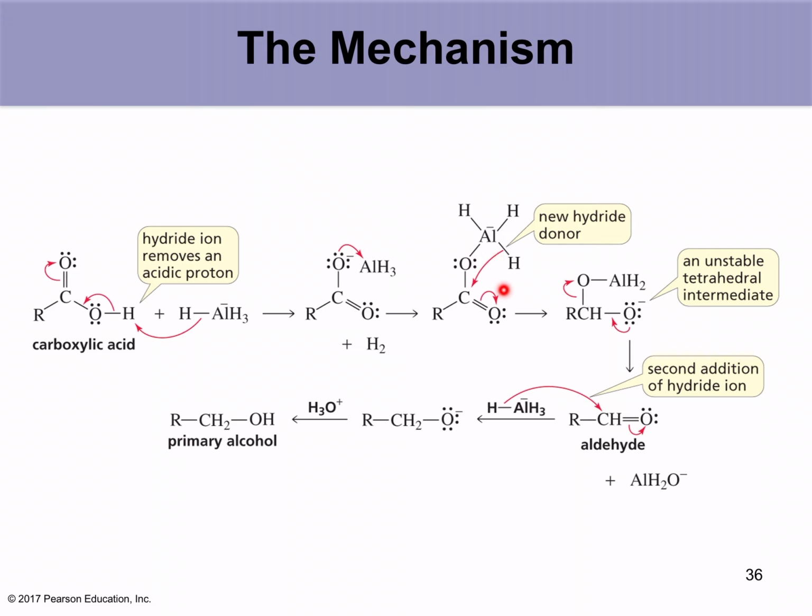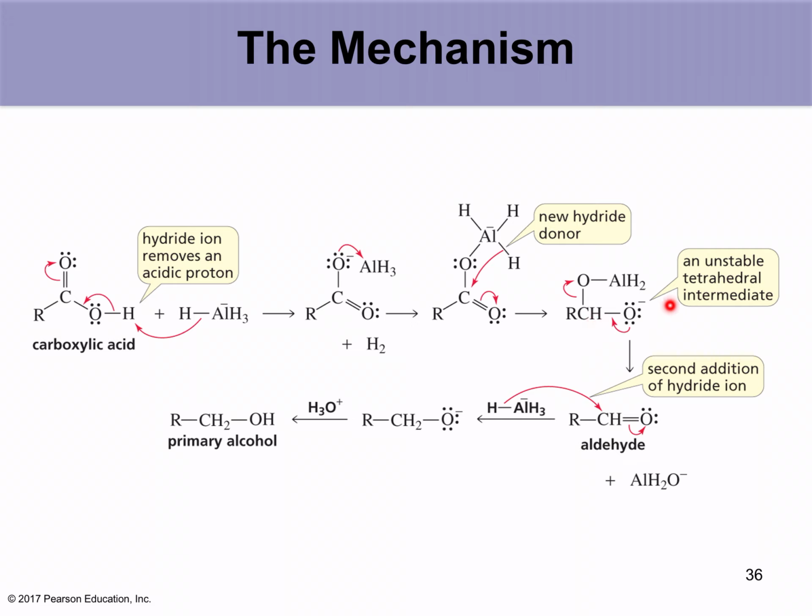So here this aluminum now has 3 bonds, so one of these 3 hydrogens can act as a hydride ion and give its electrons to this carbon, and then the pi bond will open up and you're going to form an alkoxide ion. So this aluminum will now end up having 2 hydrogens, and 1 hydrogen has been given to this carbon, that's this hydrogen.